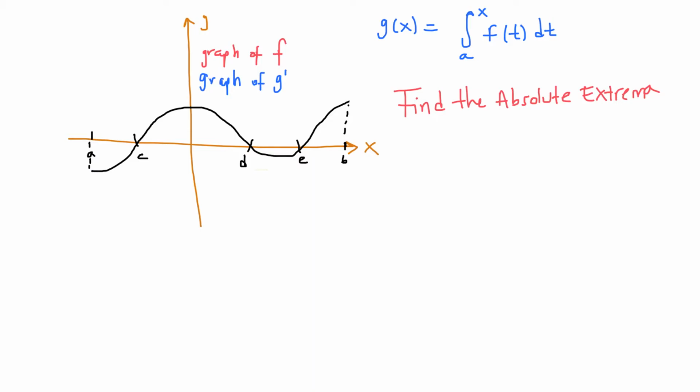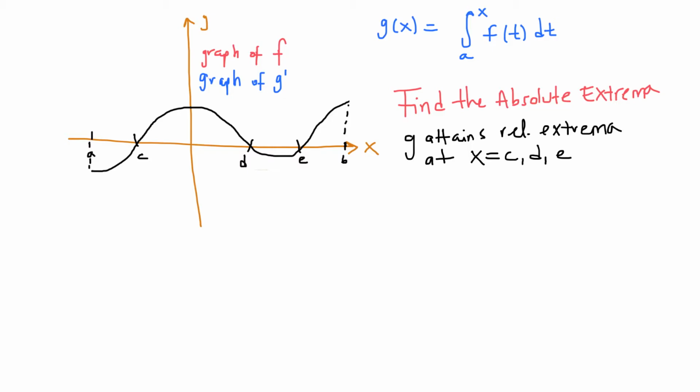And so then I would start by saying that g attains relative extrema at x equals C, D, and E. And I'm not going to go into details trying to tell them if they're relative maxima or minima.